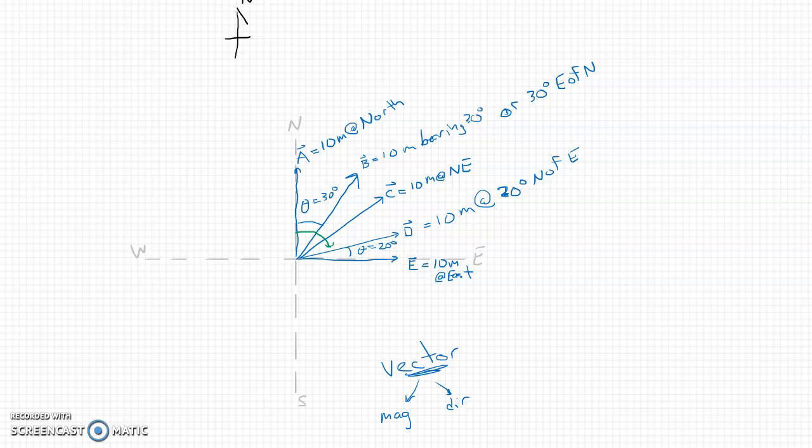And so that would be the complement to the 20. In that case, if you were using bearing, I guess that would be 70 degrees. Okay? So as we work through vectors this year and we deal with two-dimensional vectors, there's going to be a variety of ways that we can use, and this is hopefully making a little bit of sense.